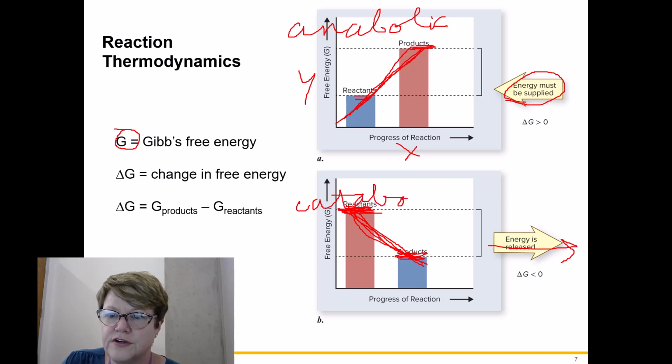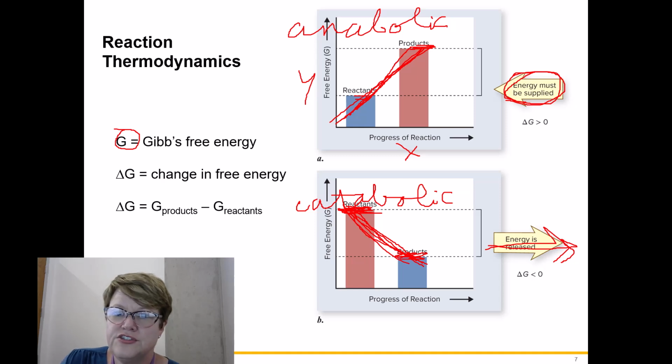So if we're kind of using our same categories that we mentioned before. So breakdown reactions are energetically downhill, building reactions are energetically uphill. Anabolic reactions require energy to be supplied. Catabolic reactions actually release energy out.